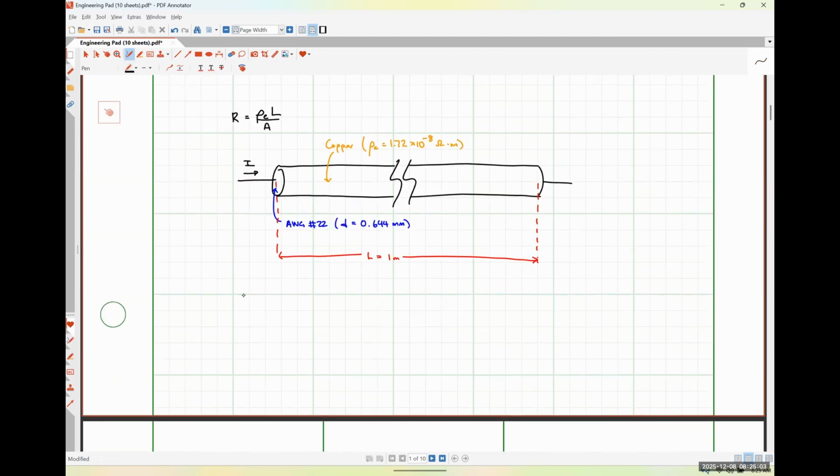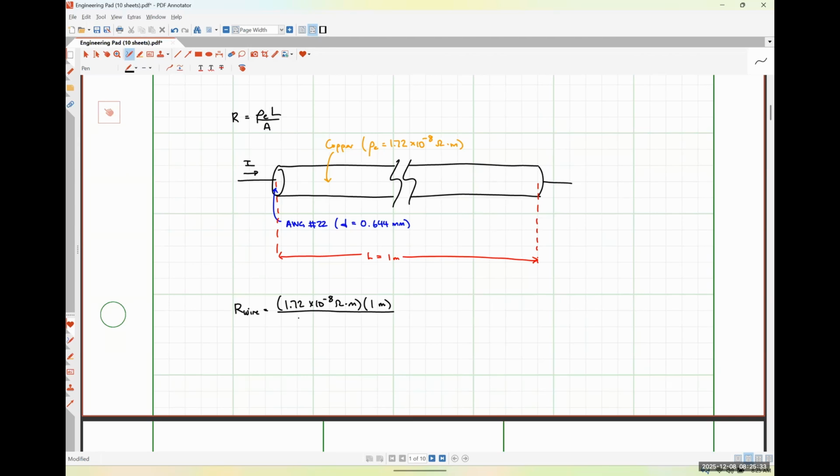For this particular example, the resistance of our wire is the resistivity, 1.72 times 10 to the minus 8 ohm meters, times our length of 1 meter, divided by our cross-sectional area. Since we were given diameter, I'm going to have to do pi over 4 times the diameter squared.